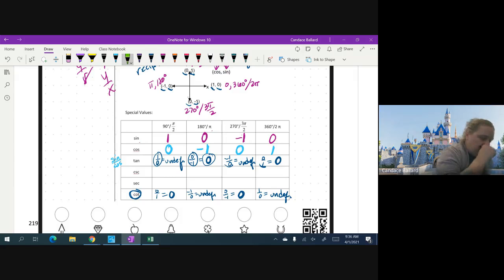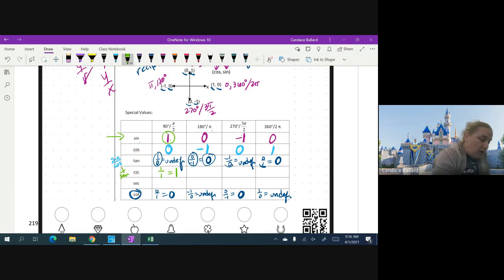All right. We're now going to do cosecant and secant. And remember that those are the reciprocals of sine and cosine. Okay, we already got the sine and cosine row. It's right there. So we know that cosecant is 1 over sine. So basically, I'm going to take 1 and divide it by whatever I have up here, which is a 1. So that first one's 1.